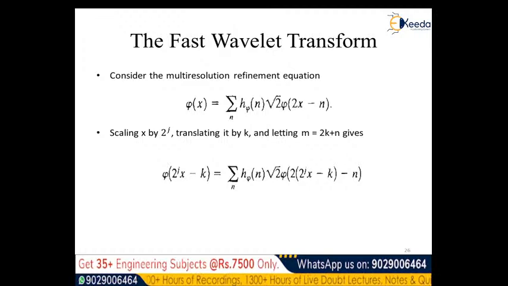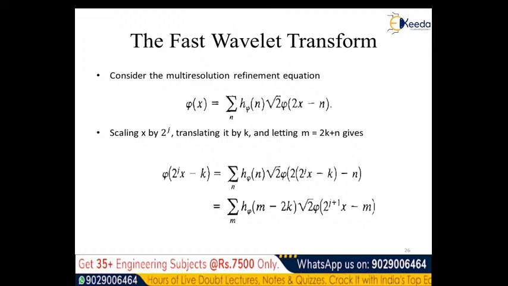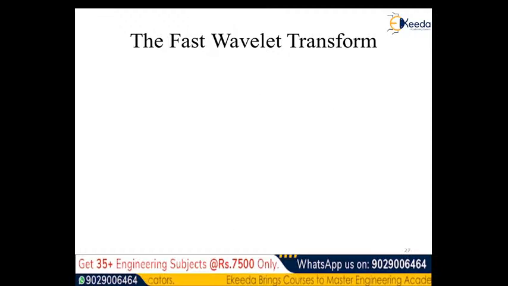Now the next representation we can give for the same is the summation over m of h phi of m minus 2k multiplied by root 2 times phi of 2 to the power j plus 1 times x minus m.